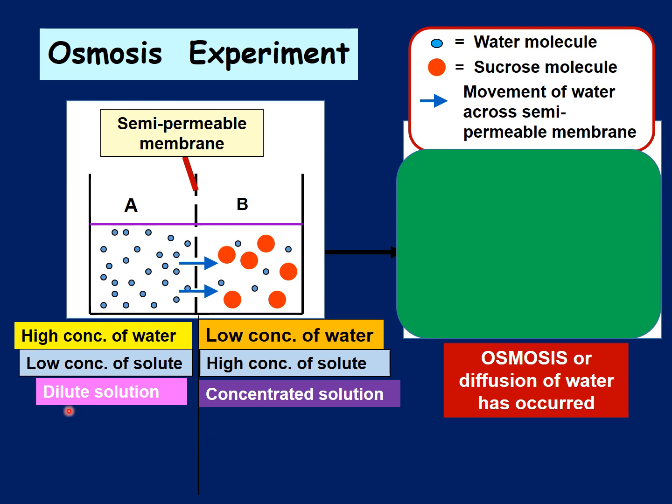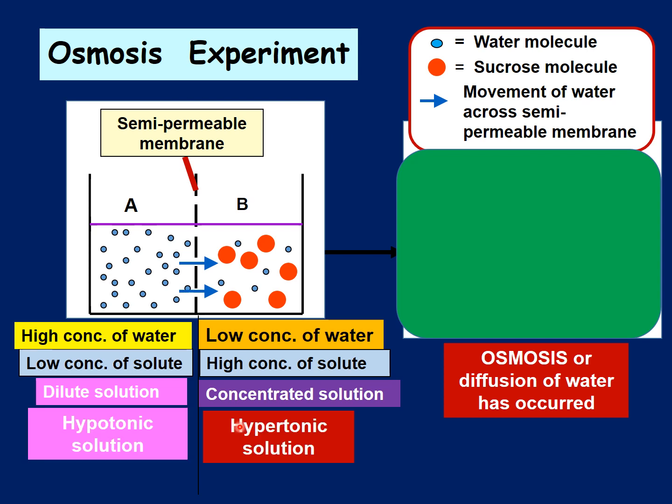Finally, the biological term for dilute solution is hypotonic solution, and for concentrated solution is hypertonic solution. So we must always remember the rule in osmosis. Water always diffuses from the dilute solution to the concentrated solution, or from hypotonic solution into hypertonic solution, like this way.